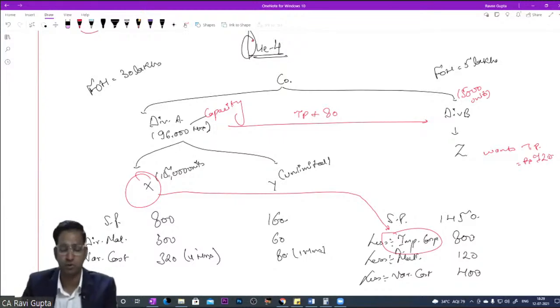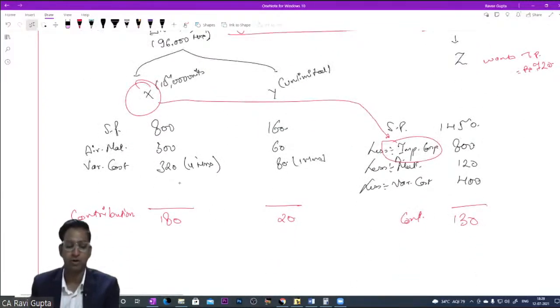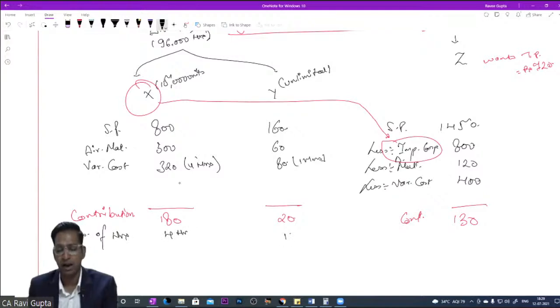So here we are doing the same thing. Our contribution per unit is 180, and the number of hours is 4 hours and 1 hour. So contribution per hour is 45 rupees per hour and 20 rupees per hour.